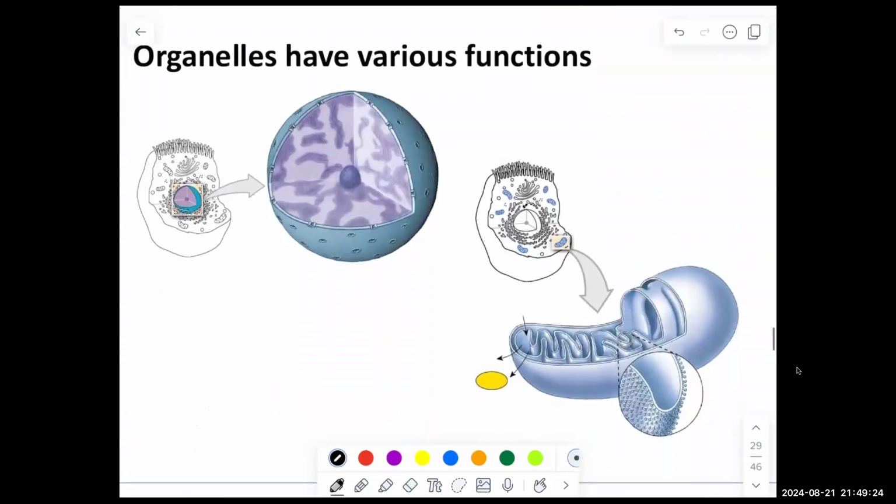Organelles have many functions. We've already talked about most of these. The most important one here is be able to identify this one. Which one's that one? Nucleus. And yes, the nucleus has holes in it. Many people don't realize that. Why does it have holes in it? Because inside the nucleus is where DNA is stored.